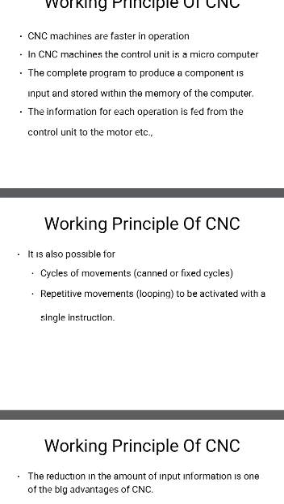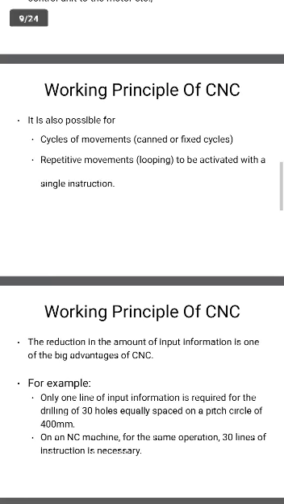Next, the CNC machine has facilities for manual override of the feed rate. So we can change the feed rate also. Next, the movement that would result after each block can be checked by a graphic simulation.